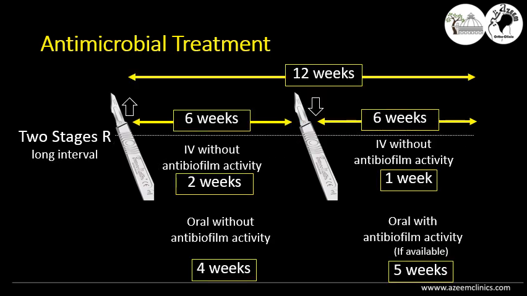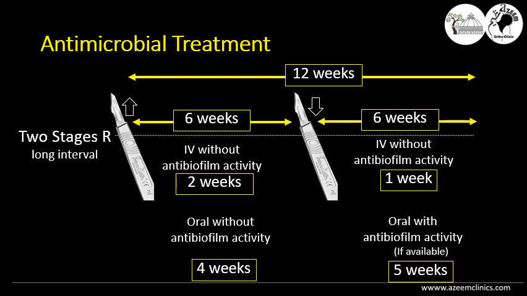In a two-stage revision with a long interval, about 2 months in between, you will divide it into a 6 weeks duration. In the first stage, you continue IV antibiotics in the normal fashion for 2 weeks, and then oral without anti-biofilm activity for another 4 weeks.